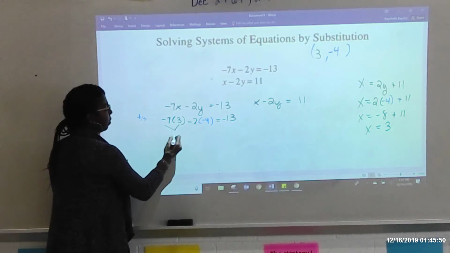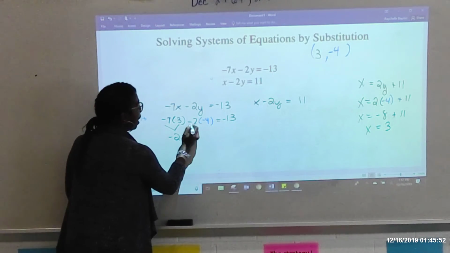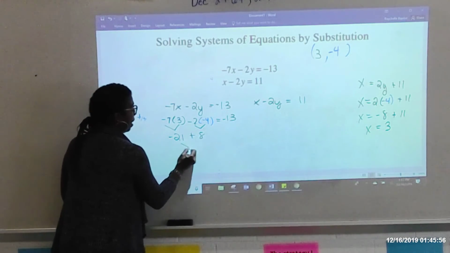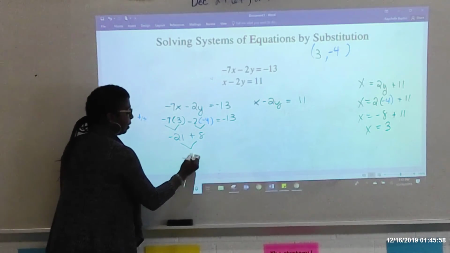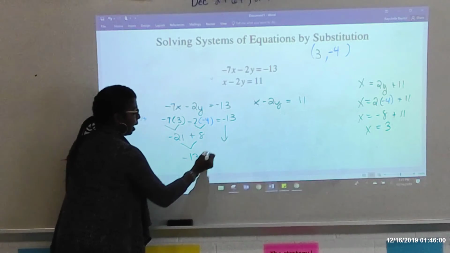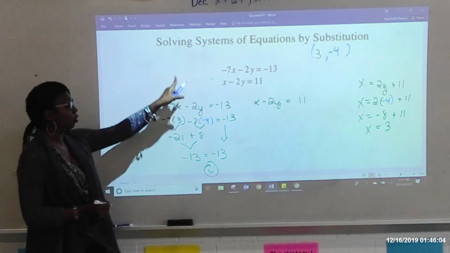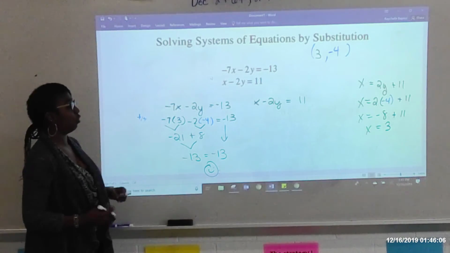Negative 7 times 3 is negative 21. Negative 2 times negative 4 is positive 8. Negative 21 plus 8 is negative 13. And negative 13 equals negative 13. So far, the solution makes that equation true.